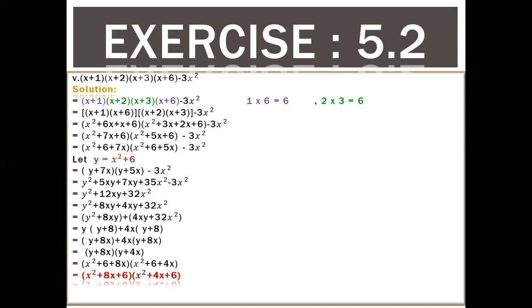Make the partners, and then from the first bracket y is common, from the second bracket 4x is common. (y plus 8x)(y plus 4x). Now interchange the values. Instead of y, you put x square plus 6: (x square plus 6 plus 8x)(x square plus 6 plus 4x). We cannot solve it further, so this is our required answer.